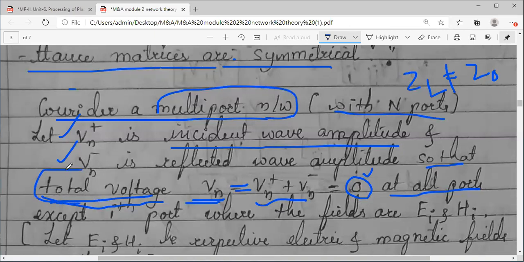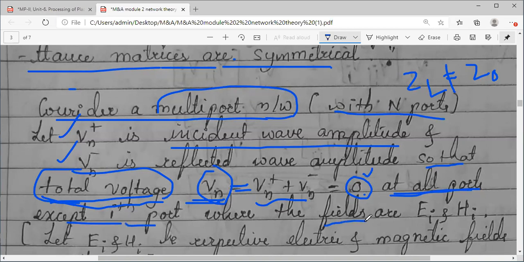So the total voltage Vn is equal to 0 at all the ports except 2 ports, because for analysis we require 2 ports. One is the ith port, as usual, where we connect the source, and we will consider the field present at the ith port.